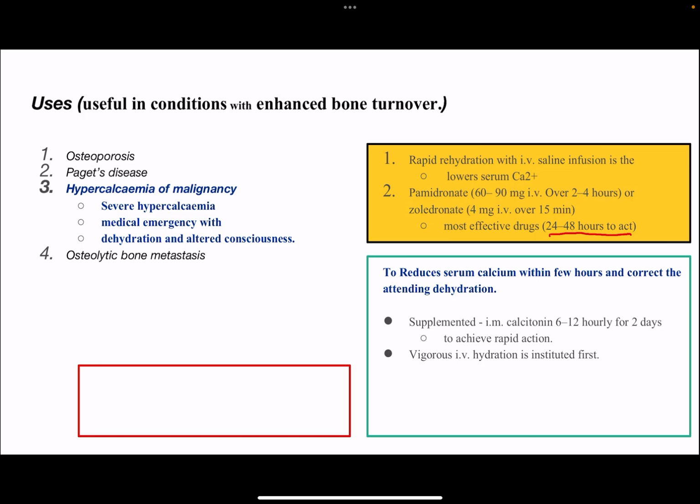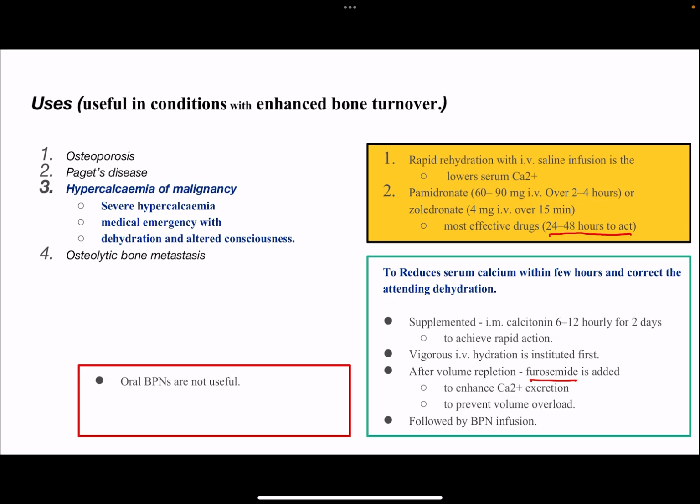Vigorous hydration has to be done, and once you replenish the volume, the calcium has to be excreted out of the body. It can be done by furosemide, which is a loop diuretic, a brisk, high ceiling diuretic. It is going to enhance the calcium excretion and prevent volume overload. This can be followed by administration of parenteral bisphosphonates.